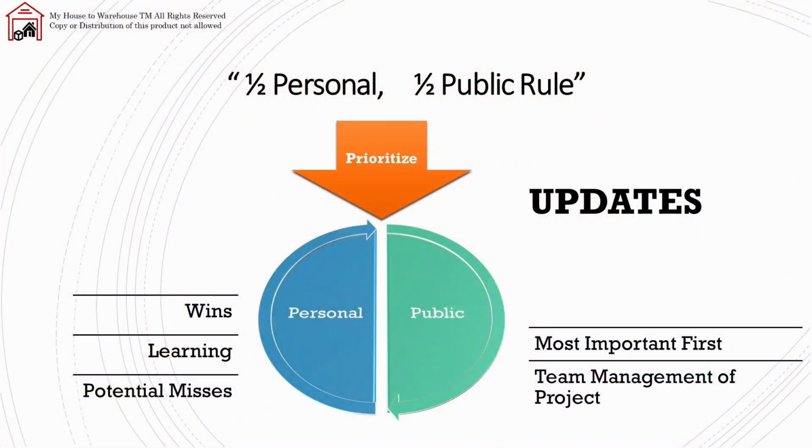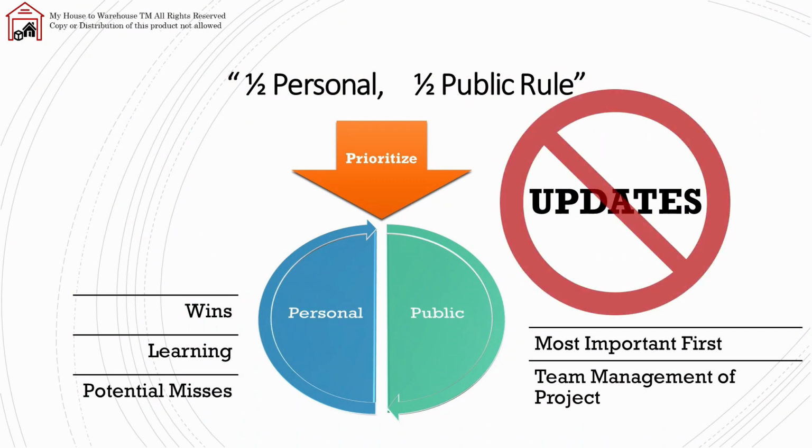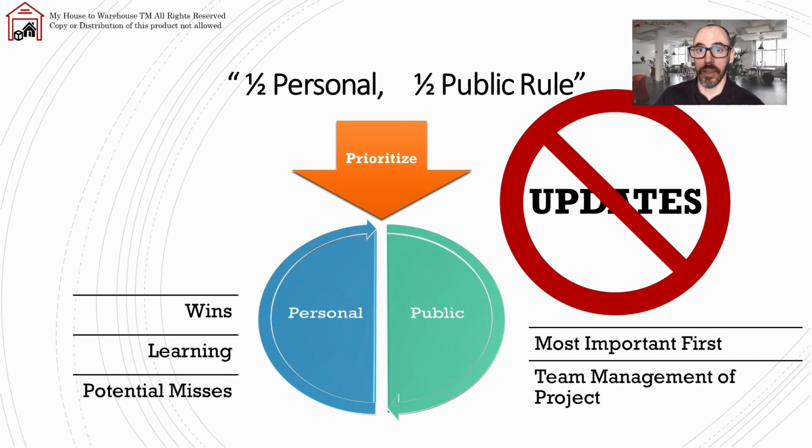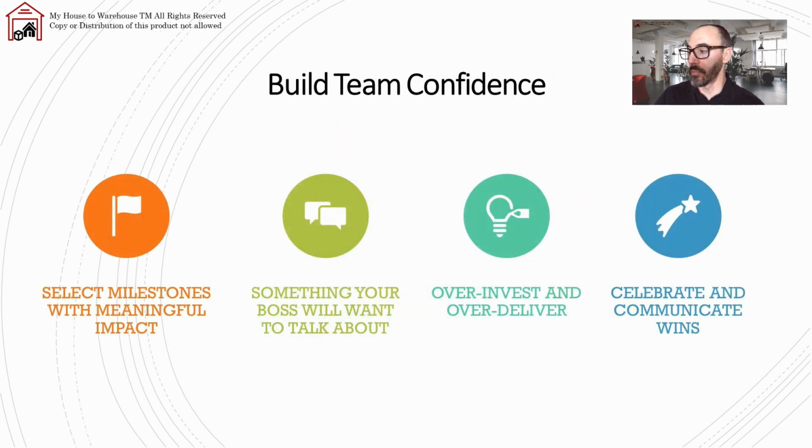So these types of updates are actually not going to happen in these meetings. Anything that's related to simple updates like that will be distributed before the meeting, and then in the meeting we'll totally focus on the personal and public side to get those issues resolved that need the total team help.